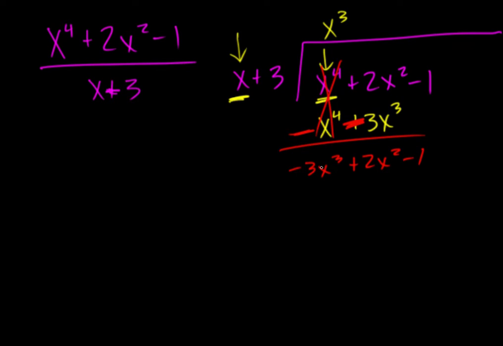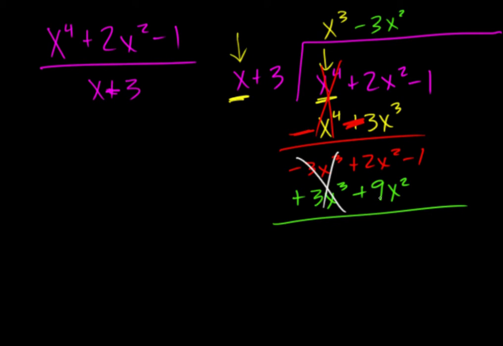We just have to keep going through that. So x, to make this, needs to multiply by negative 3x squared. Multiply it back down. We change the signs. These cancel. These become 11x squared, and we bring down the negative 1.